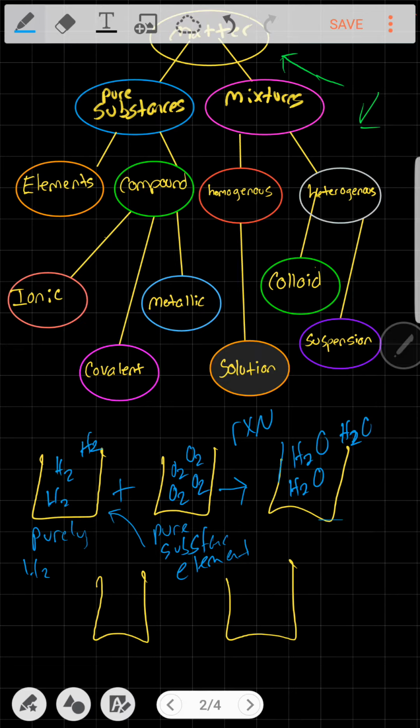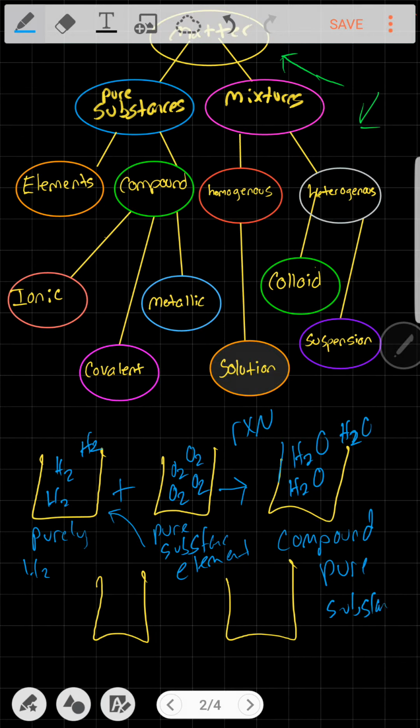But do I have more than one kind of atom represented here? I do. I have two kinds of atoms. And when two types of atoms are chemically bonded, they are compounded. This makes it a chemical compound. And since it's the same chemical compound all throughout, I also have a pure substance.